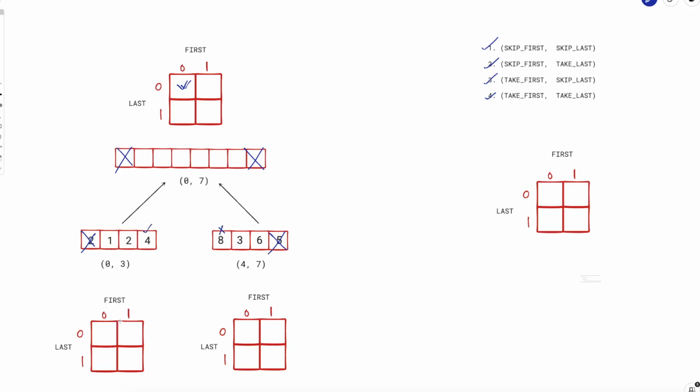What is that? The answer is you are taking 4 and skipping this, so skipping first and taking last. You already know this value, right? Let's call this R10.